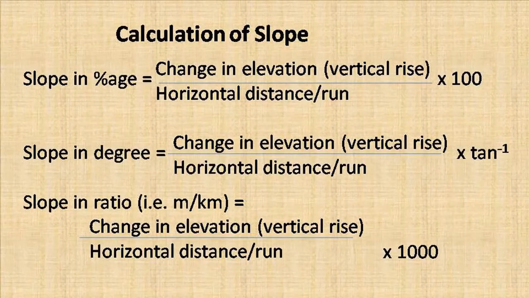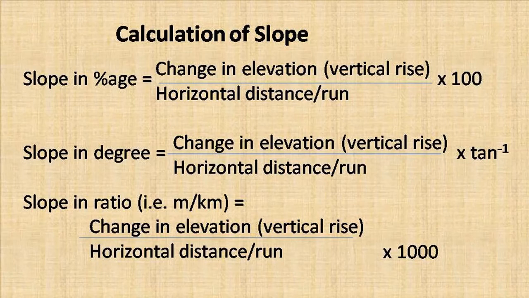So with the help of contour maps, we can also calculate the slope between any 2 points by using this formula. The slope in percentage can be calculated by the change in the elevation, that is vertical rise, divided by the horizontal distance, that is run, and multiplied by 100.